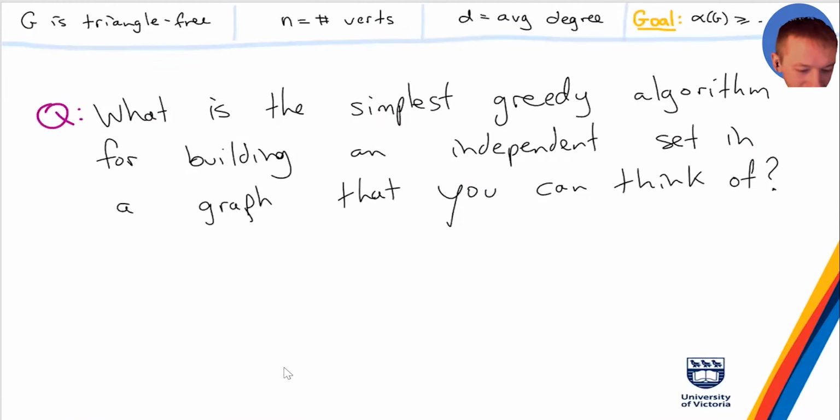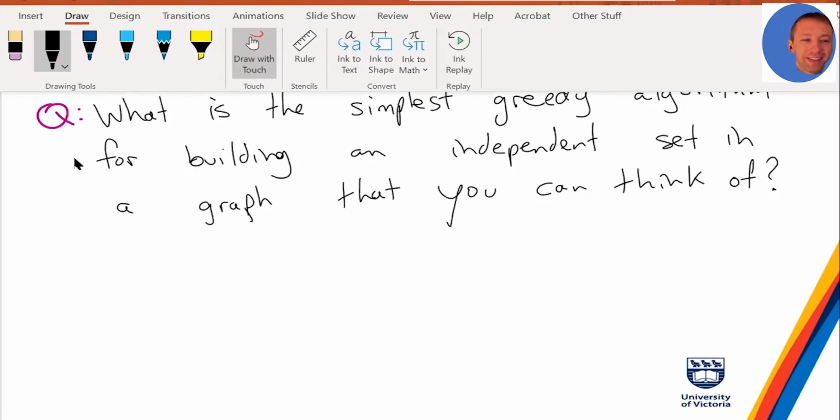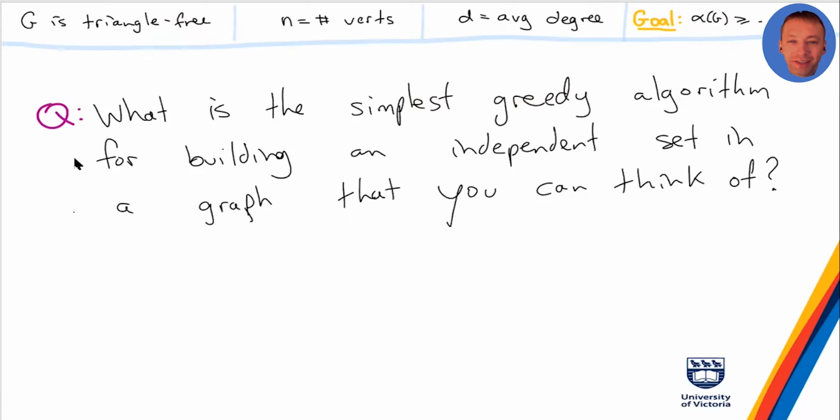So this is an open-ended question, but if I was going to greedily build an independent set, what is the simplest algorithm you can think of? It's kind of hard to answer. Oh, well, that's a good idea, to start with low degree vertices.